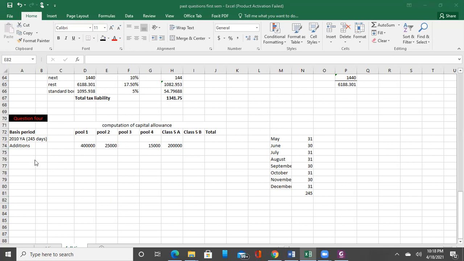Then when we sell in 2010, did we sell anything? No. When we sell, we call it disposal. So anytime you are selling the assets, anytime the asset is destroyed by fire, or the asset has been stolen, or the asset has been involved in an accident, you treat it like the way we do disposal of assets, or they are all considered disposal.